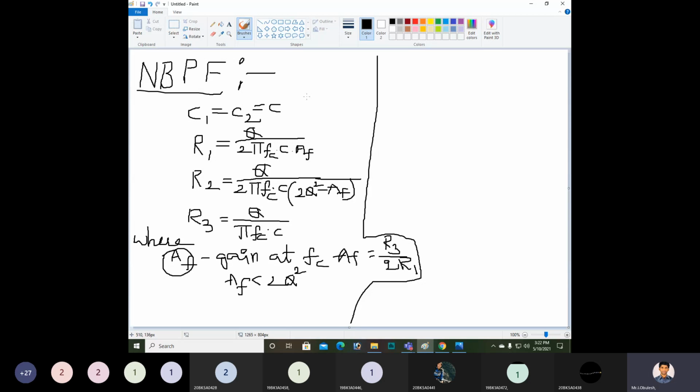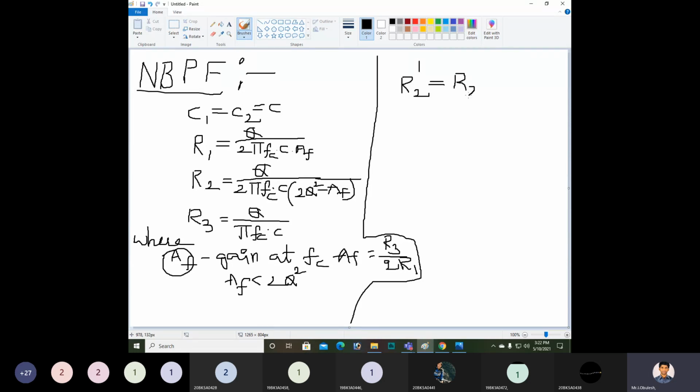So that R2 dash is equal to R2 into Fc by Fc dash, whole square.